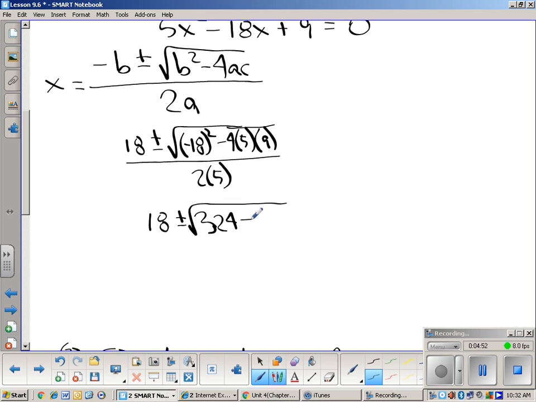Minus 4 times 5 times 9, 180? Yeah. And 10? Plus or minus the square root of 324 minus 180, which is 144.